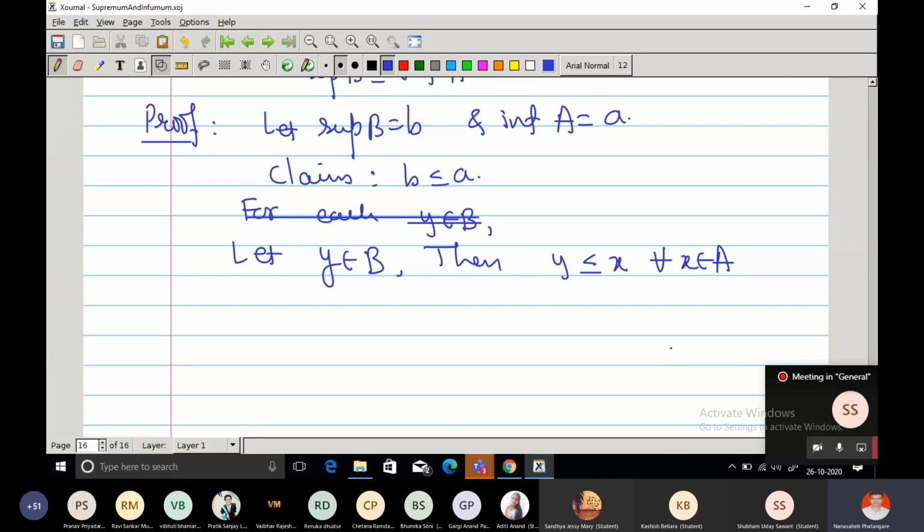And what is the given condition? That y is less than or equal to every element x. What does it mean? It means y is a lower bound of A. Am I right?